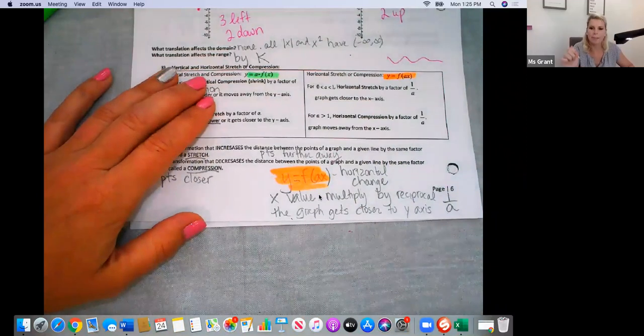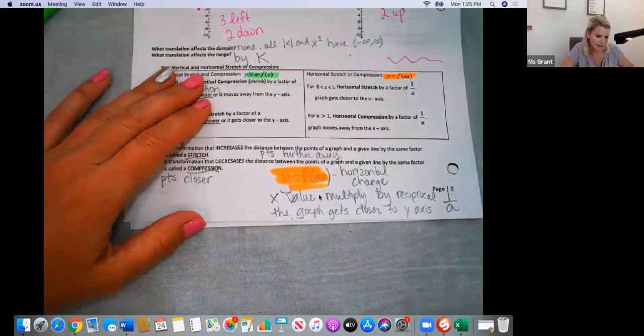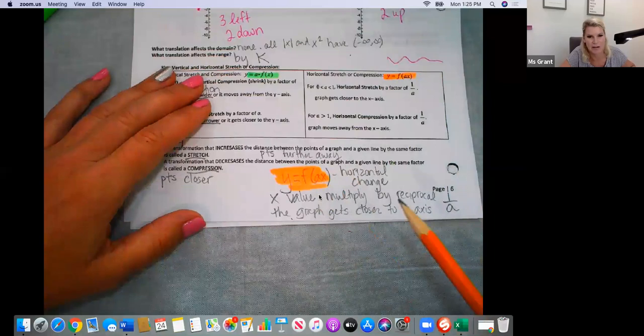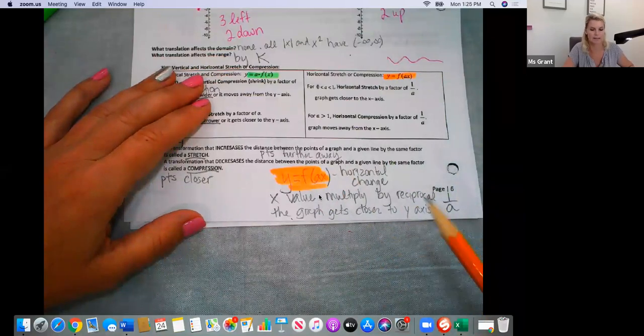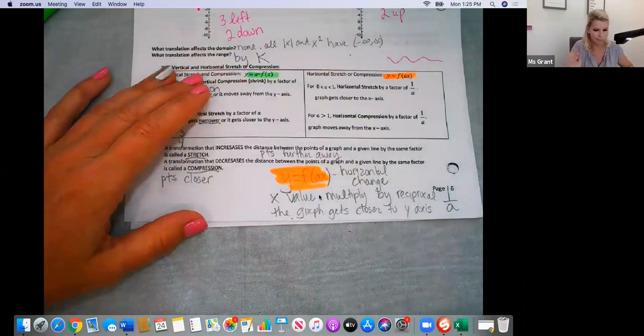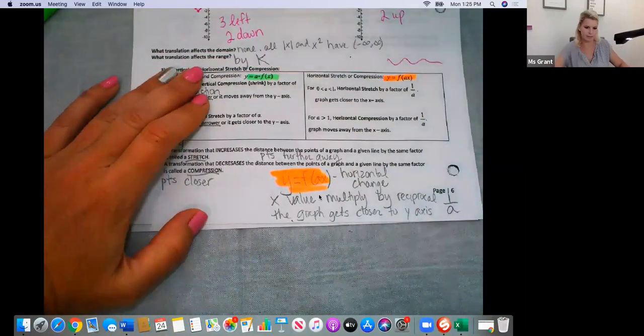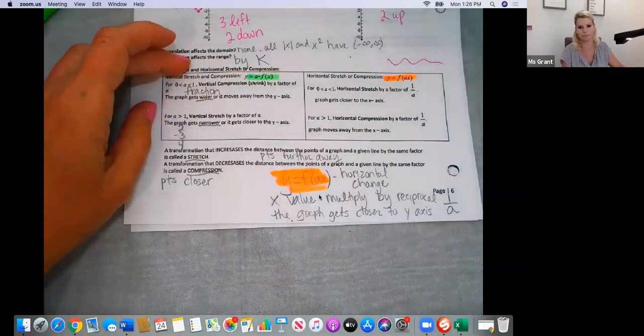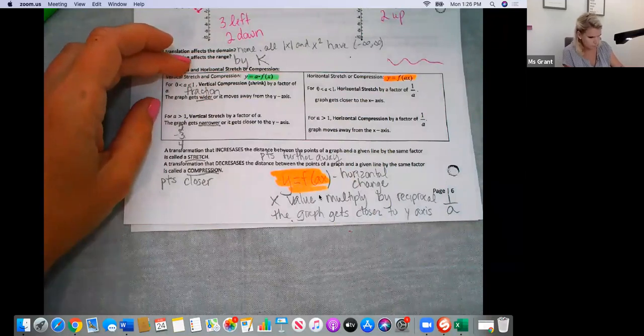This is only happening when the A is inside, when there's a number in front of X in the brackets. So again, it's rare, but we are going to talk about it today because it does exist. I'm going to turn the page.